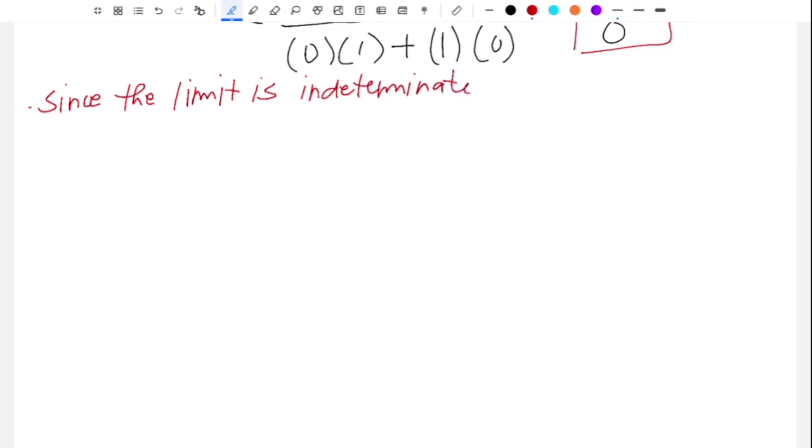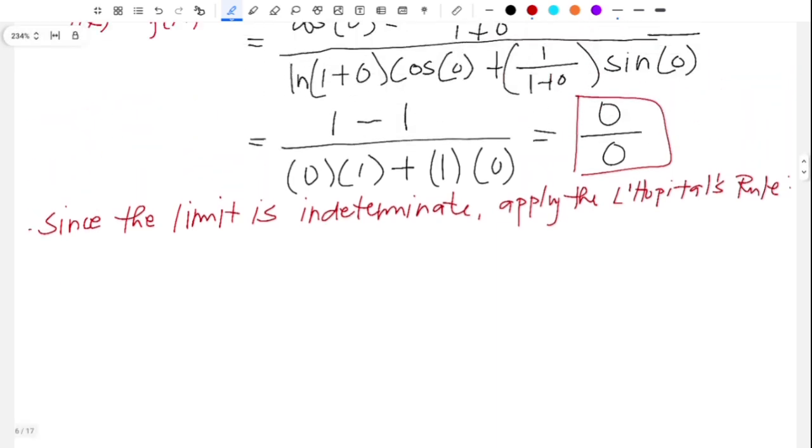Okay, let's conclude again. We get our second indeterminate form. Since the limit is indeterminate, apply L'Hopital's rule. Now we need to derive again our numerator and our denominator.